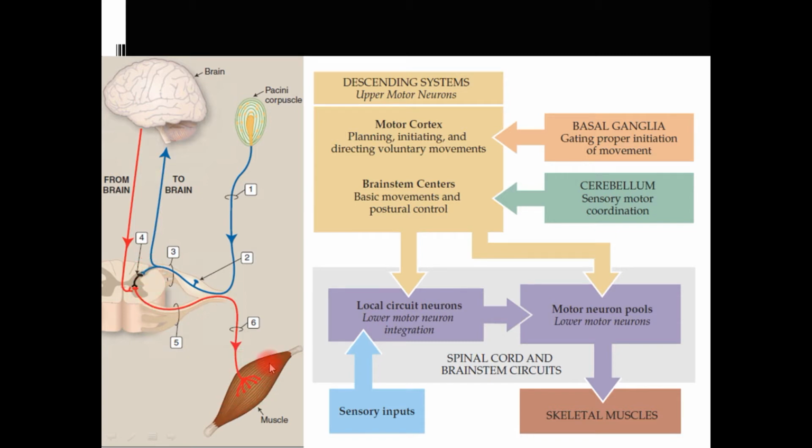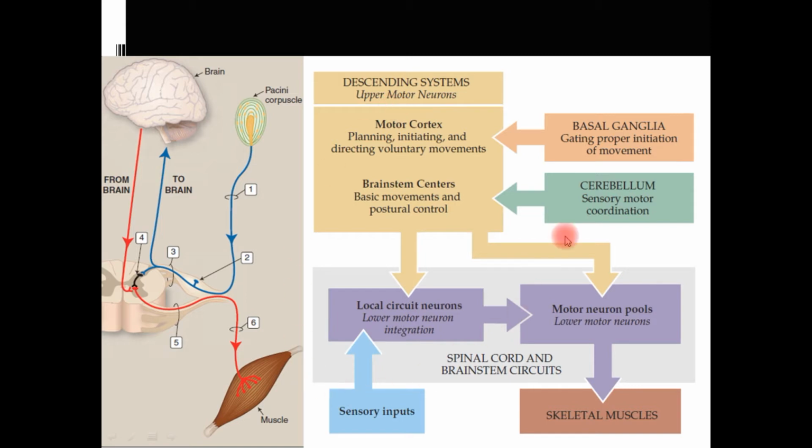So the general function of motor system, motor part of central nervous system is to send signals to the muscle so that they can contract, send impulse or send action potential to the muscle so that they contract and thus causes the movement or the resultant output.